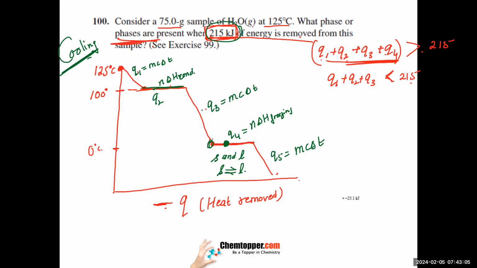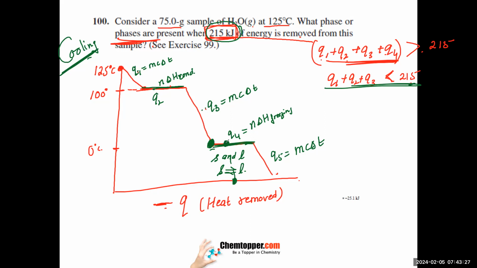Remember, Q1, Q2, Q3 is less than 215. It means you are not here. You are not here. Where are you? Here. You added more amount. You are somewhere here, right? So this kind of question may come in a very simple way.